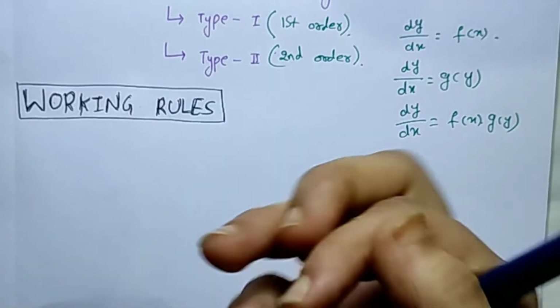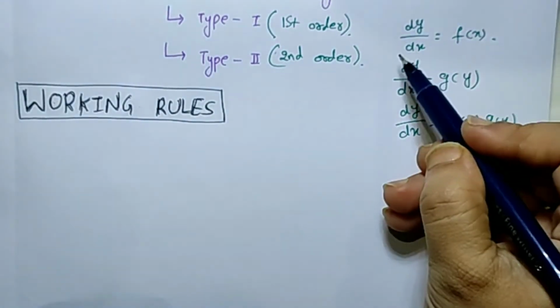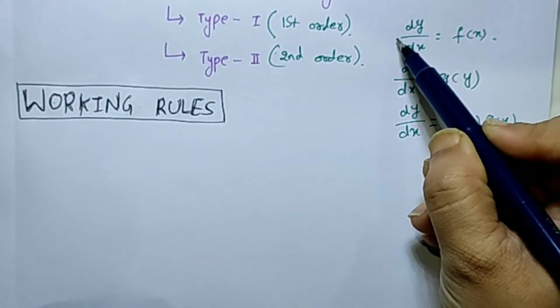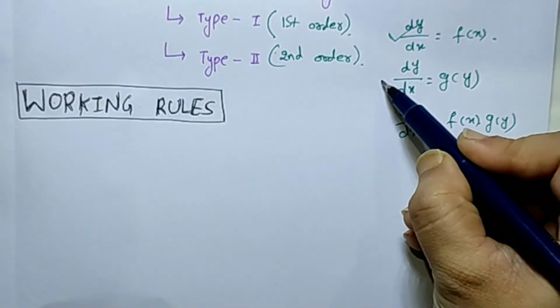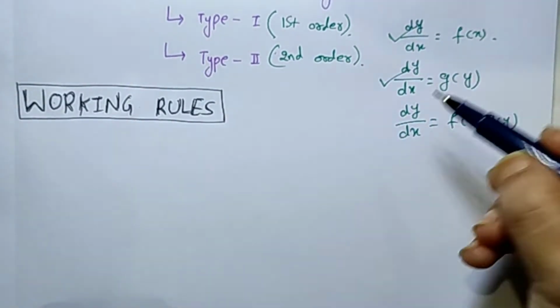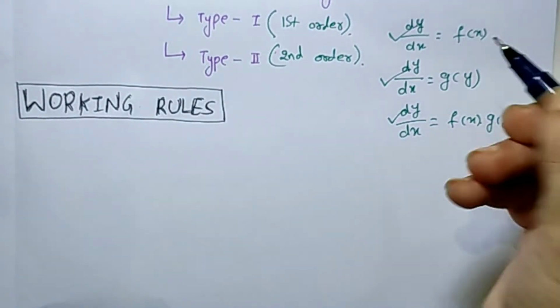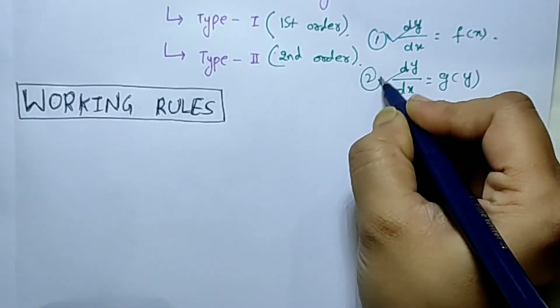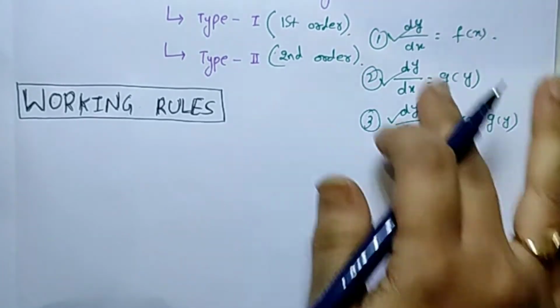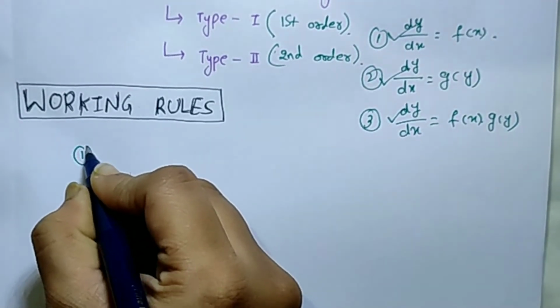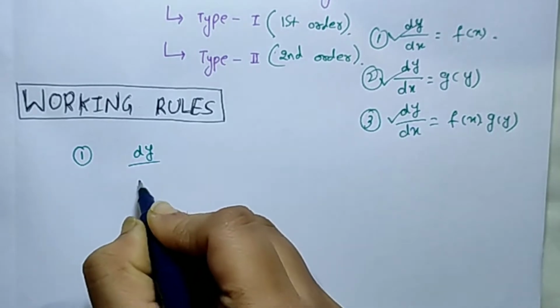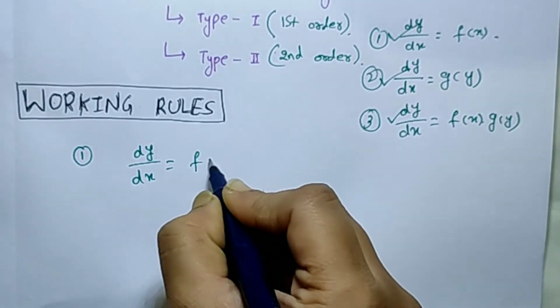In type 1 we have three types of problems. One is dy by dx is equal to f of x, dy by dx is equal to g of y, or dy by dx is equal to f of x into g of y. So we are going to cover all these forms. First form is dy by dx is equal to f of x.